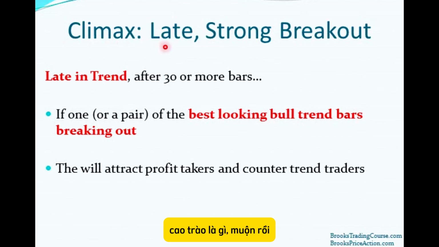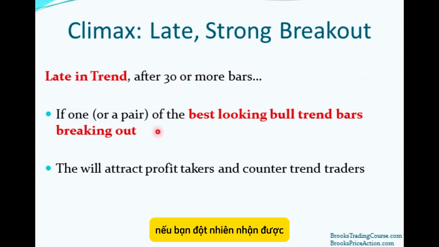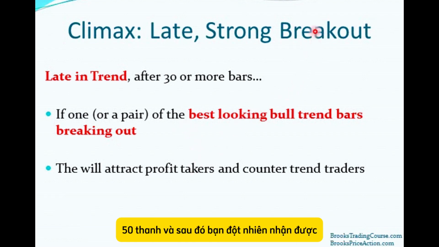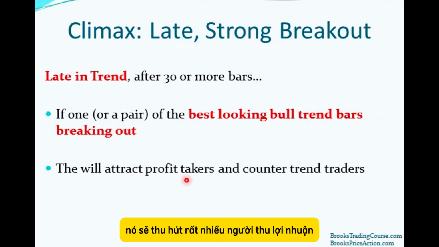What is a climax? It's a late, strong breakout, late in a trend, after 30 or more bars. Let's talk about a bull climax. If you have a bull trend going on for 30, 40, 50 bars, and then you suddenly get the best looking bull trend bars in the entire trend, you have to think that it will attract a lot of profit takers.